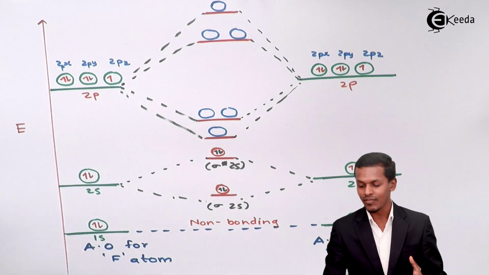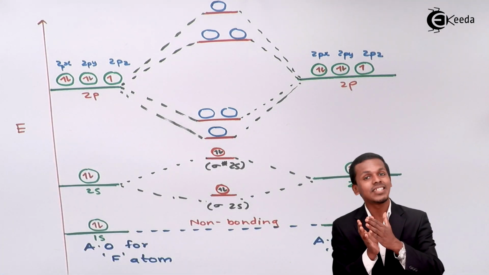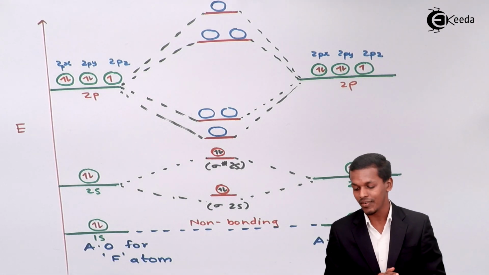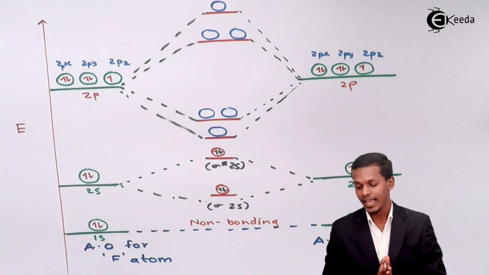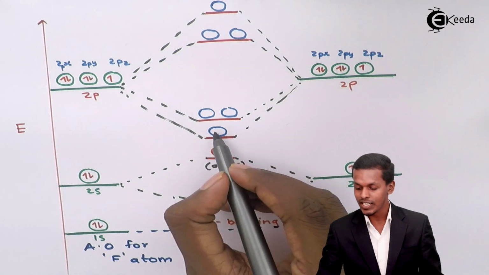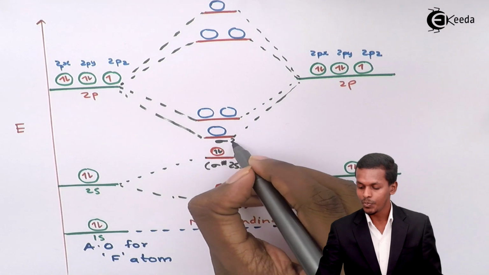So whenever these two atomic orbitals come close to each other to form a bond, obviously they will split in such a way that they have different energy levels, and that is what we are observing over here. And let us designate those molecular orbitals. So these are the molecular orbitals that we have, and let us designate them. This one is responsible for giving us sigma 2pz orbital.